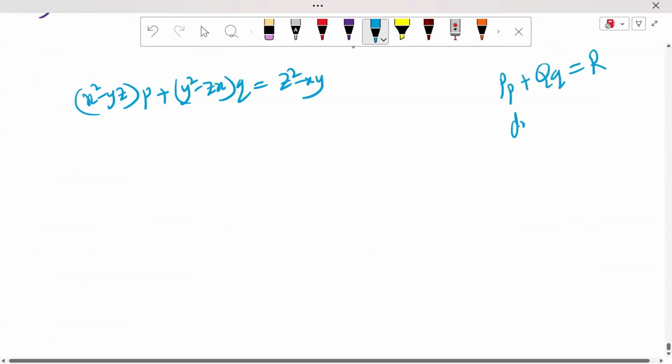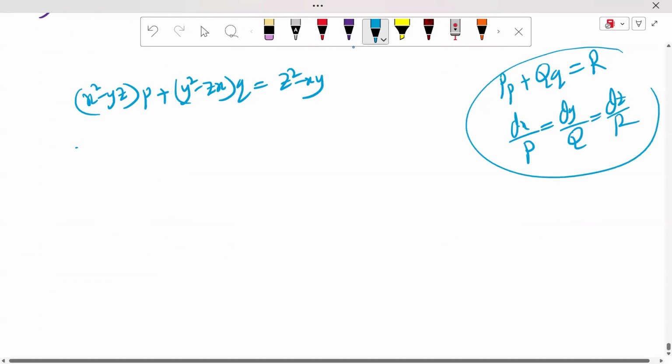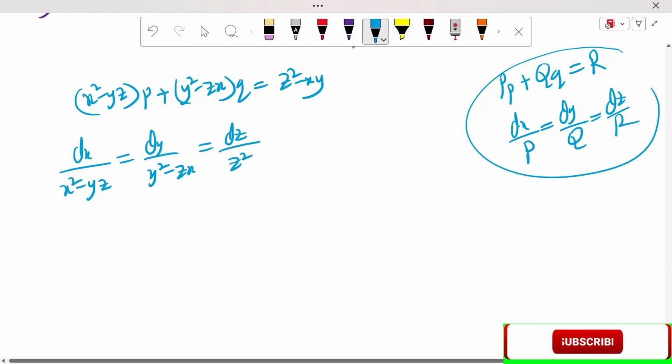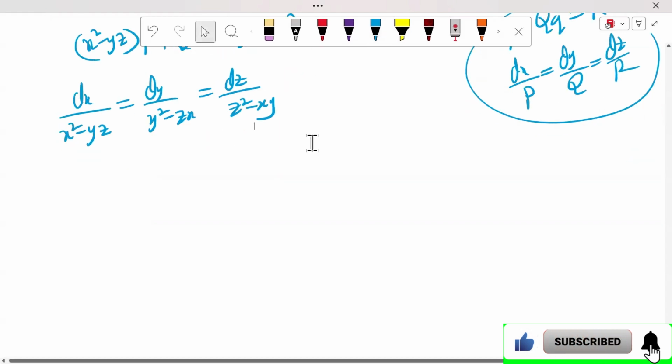Therefore, it is dx by capital P, dy by capital Q, dz by capital R. Finally, it can be written as dx by (x square minus yz) is equal to dy by (y square minus zx) is equal to dz by (z square minus xy). We can observe the options.